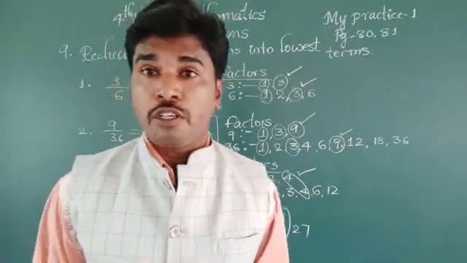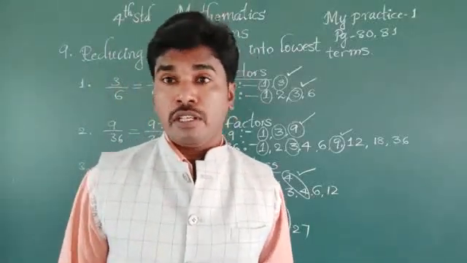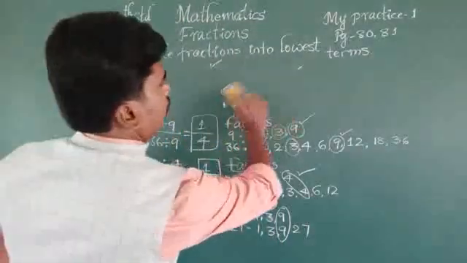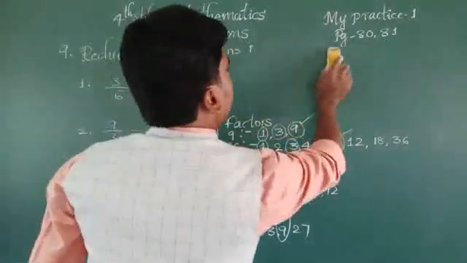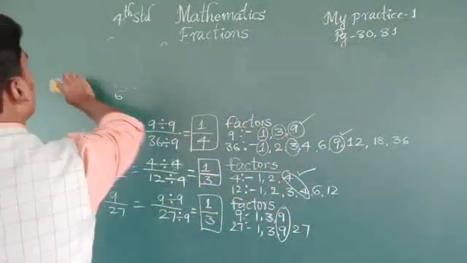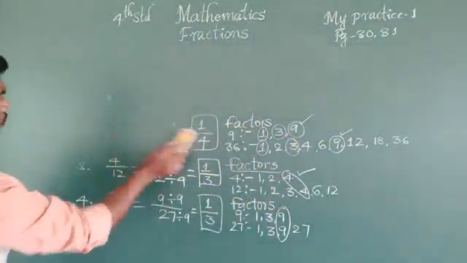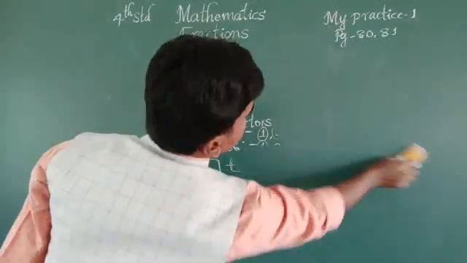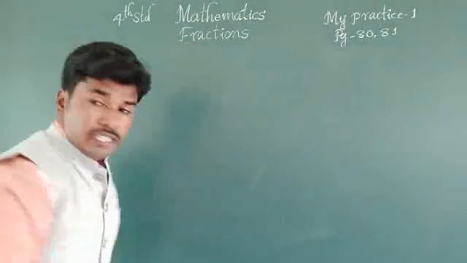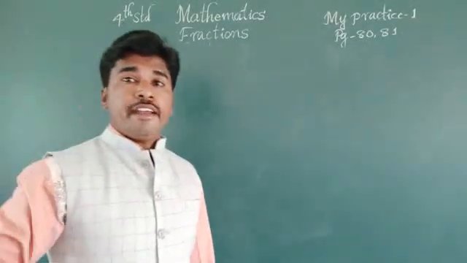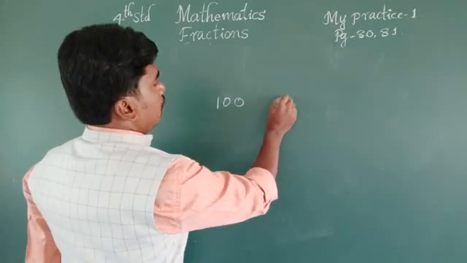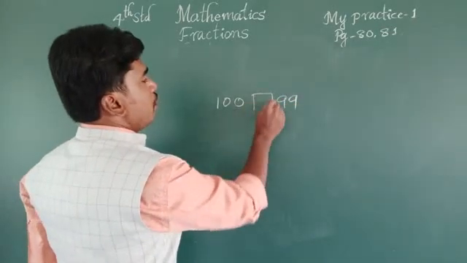Comparison of fractions, comparing the fractions. So you know how to compare numbers. Comparing numbers is nothing but identifying which is greater and which is smaller. 100 and 99. Which is greater, dear children?